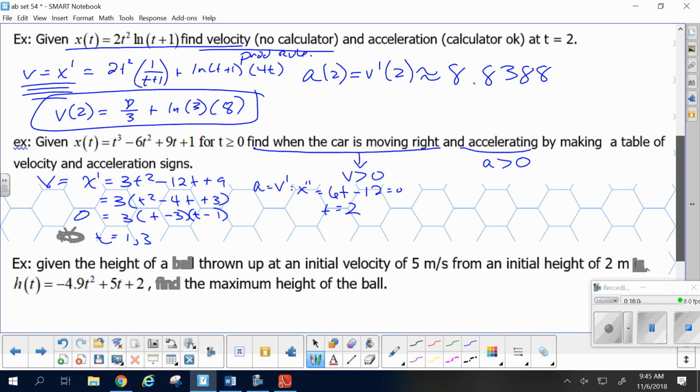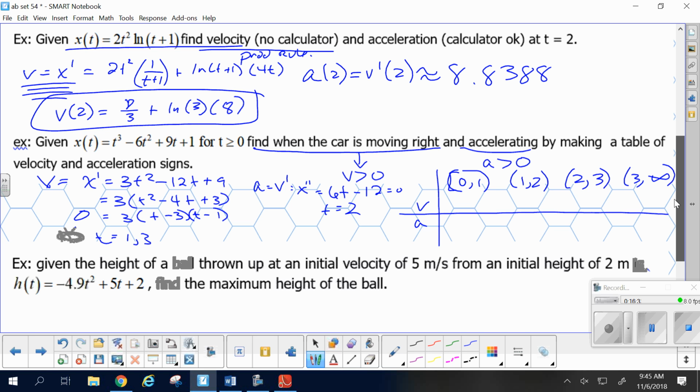Let's start with a time interval from 0 to our first interesting point, which is 1. Then we're going to go from 1 to our next interesting point, which is 2, and then from 2 to 3, and 3 to infinity. Now we're going to analyze both velocity and acceleration. Are you with me?